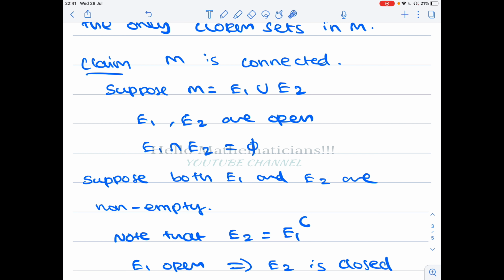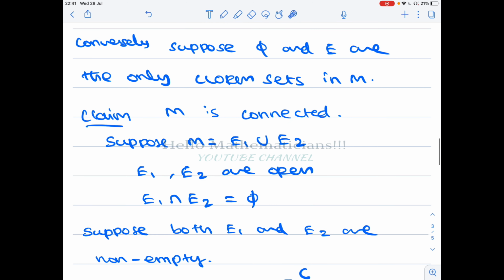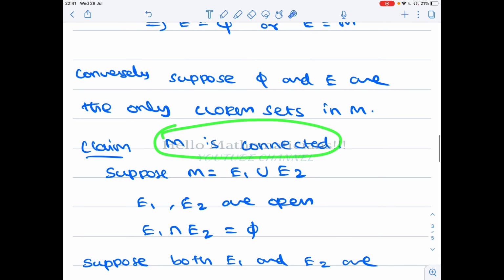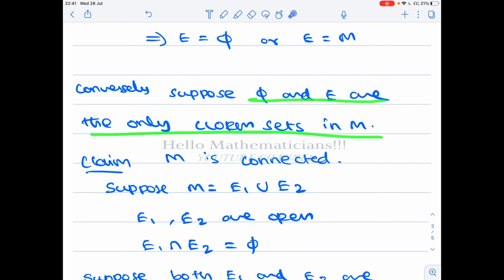So by contradiction, suppose both E1 and E2 are non-empty. We will get a contradiction to the fact that the empty set and M are the only clopen sets.